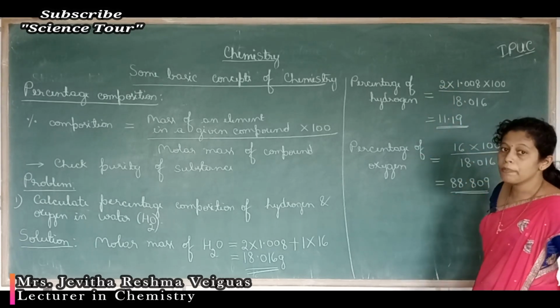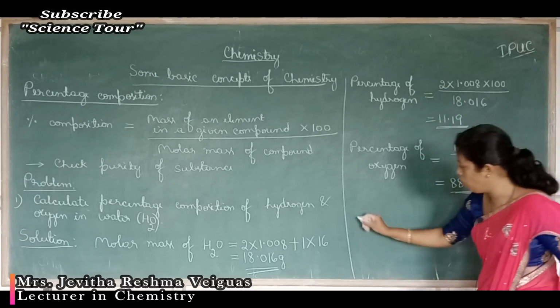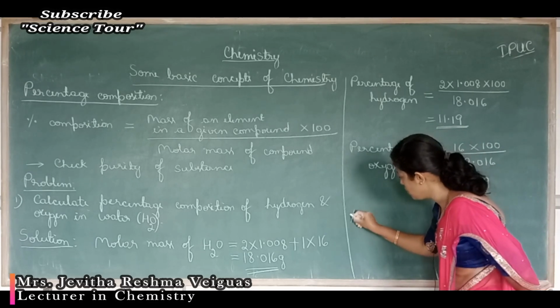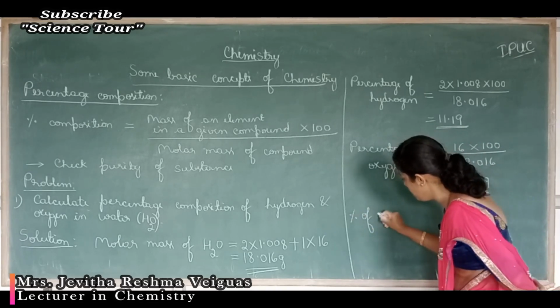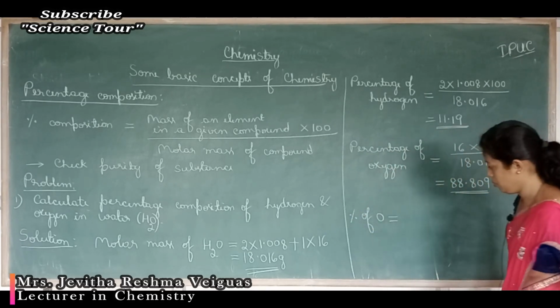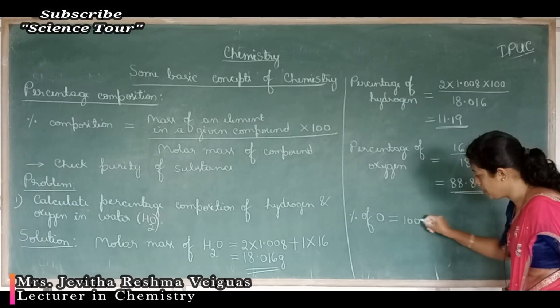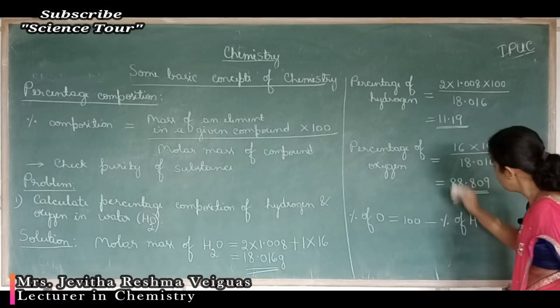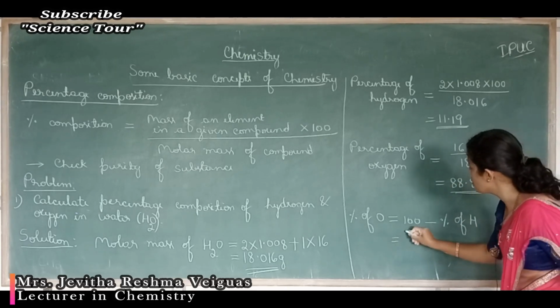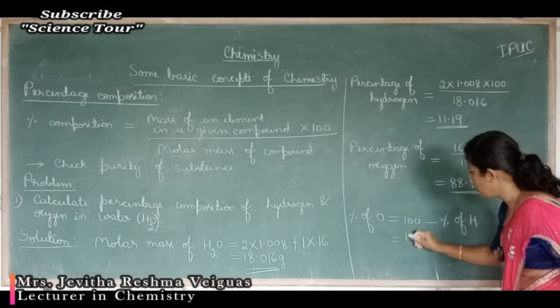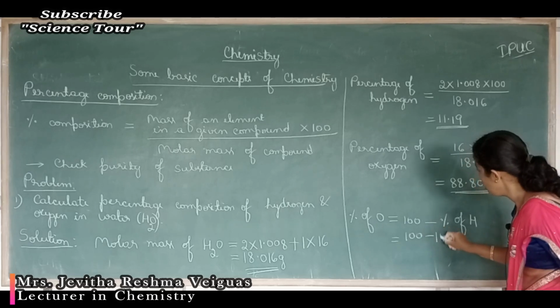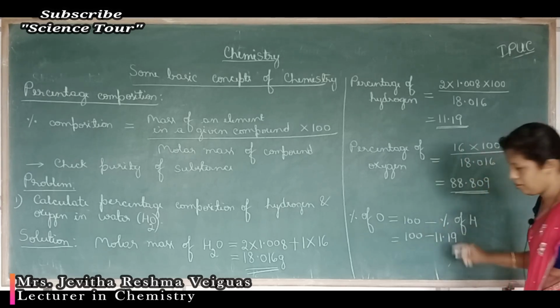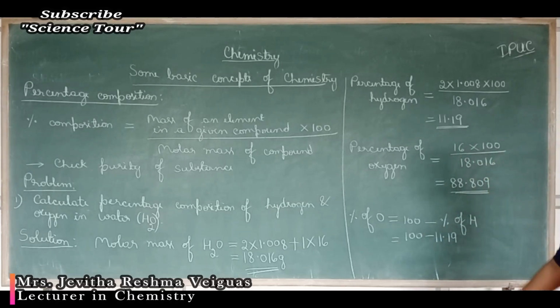When there are only 2 elements, once you know the percentage of one element, you can find the percentage of the other element easily. How? Percentage of oxygen is equal to 100 minus percentage of hydrogen, that is 100 minus 11.19. So this also, if you do, you will get almost 88.809.